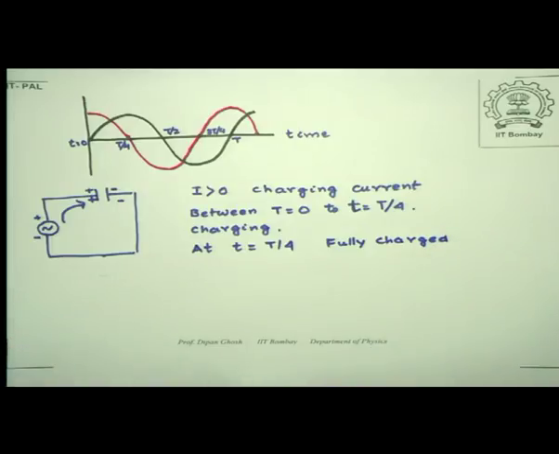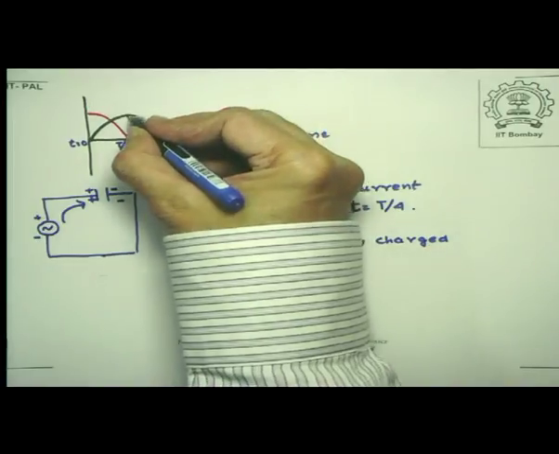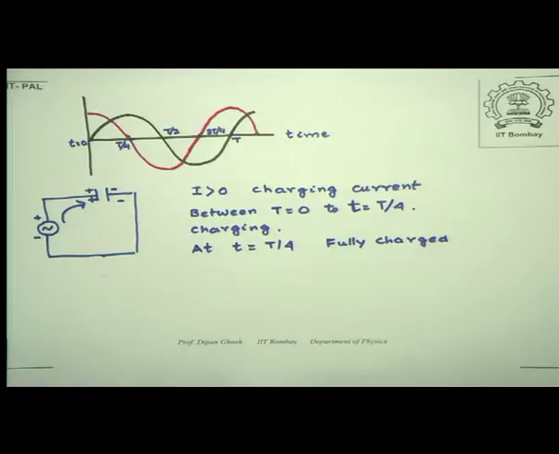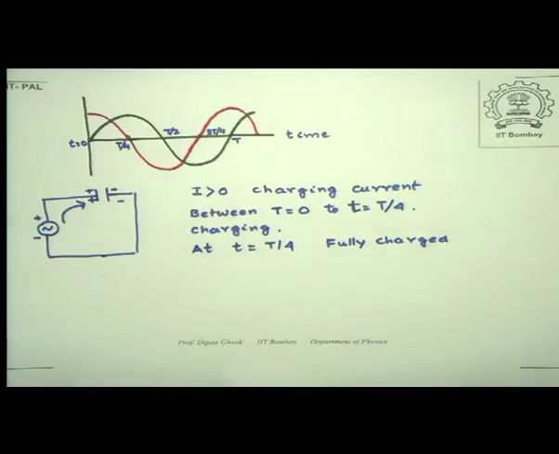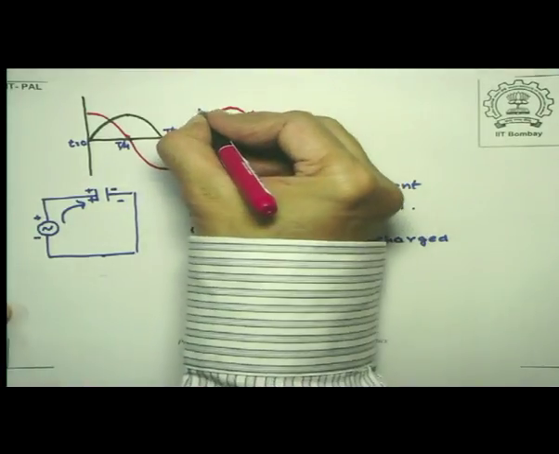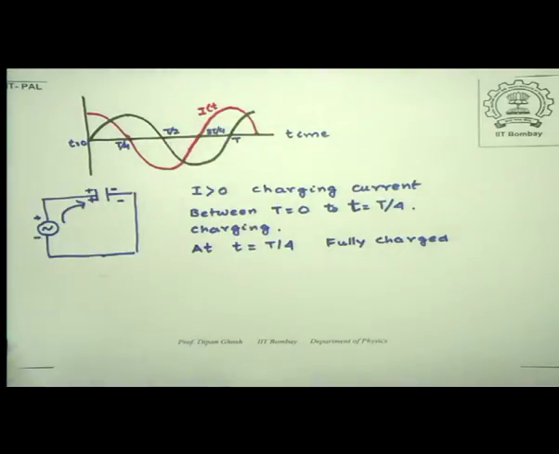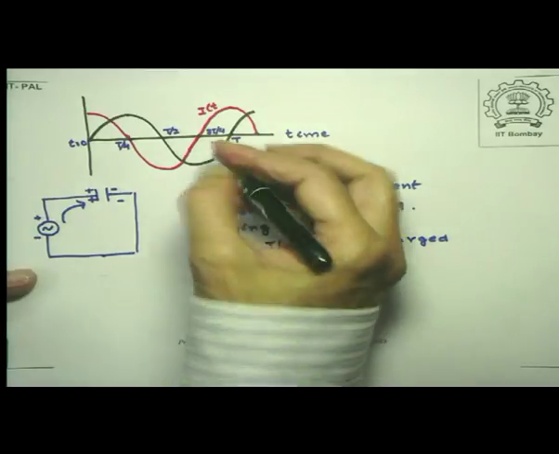The voltage has become maximum at that time, and for a brief time here it is neither increasing nor decreasing, so that there is no current flowing, as can also be seen by the current diagram. So let me label it. The red one is the current and the black represents the voltage.